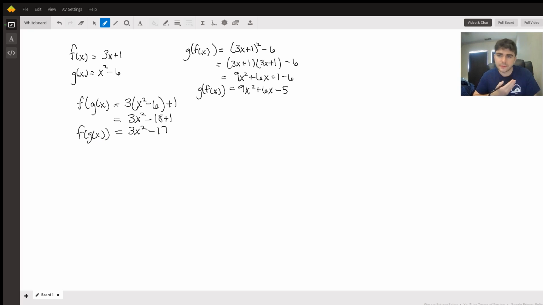Now, let's try finding the derivative of both to show you the different answers you may get if you do this incorrectly. So let's just say we want to take the derivative of f of g of x. So that means we're taking the derivative of this, dx.